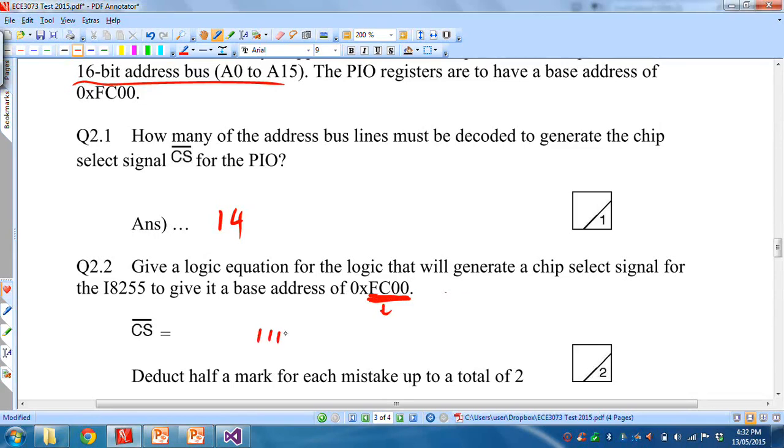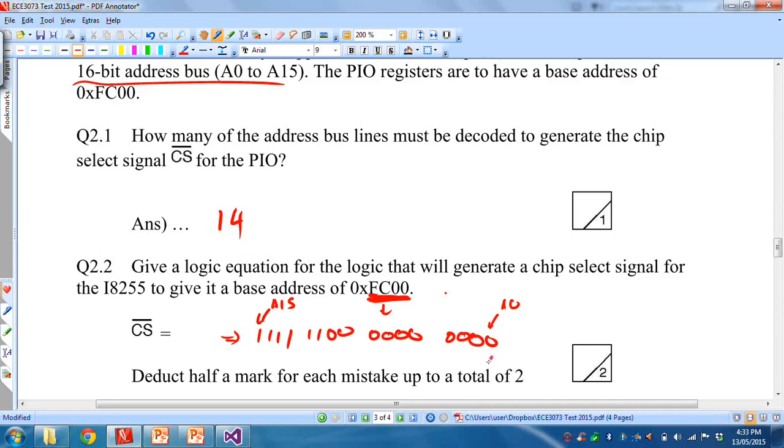It's just 1 1 1 1 1 1 0 0 0 0 0 0 0 0 0 0. That's expanding FC into binary. Okay. So how do I generate that function with digital logic? Well, what is this? This is A0, this is A15.